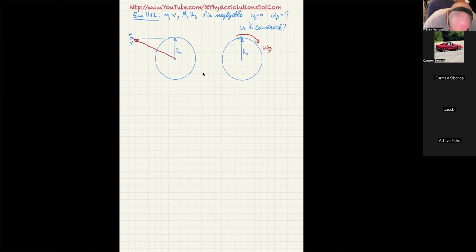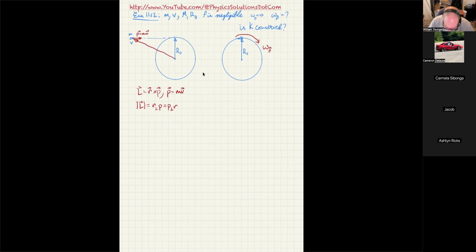And remember, L is equal to r cross p, and p is equal to mv, and the magnitude of L is equal to R perpendicular to P. In this case, the velocity, and therefore the momentum, P equals mv, should be in that direction.